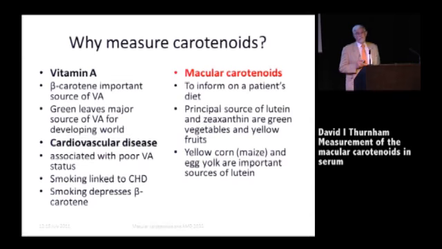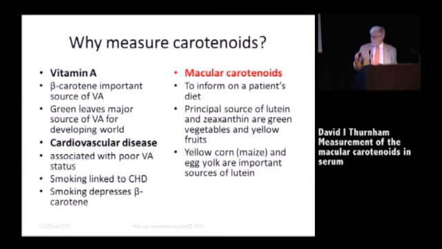Interest in vitamin A was also associated with cardiovascular disease, because it was found that people with cardiovascular disease had poor vitamin A status. Now, you can't give vitamin A in large amounts because of its potentially toxic effects, but they thought we can give beta-carotene, a non-toxic carotenoid, in large amounts to people and prevent heart disease.